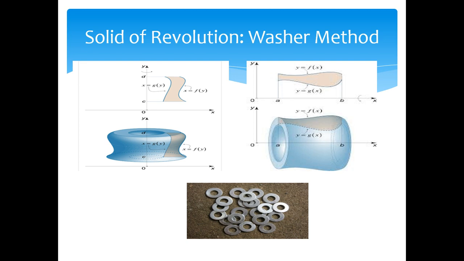So this is a different solid of revolution here. If we rotate this region around the y-axis, we form this shape which is hollow in the middle. It's different from the other one. The other one is not hollow. This is hollow. It has a donut shape.